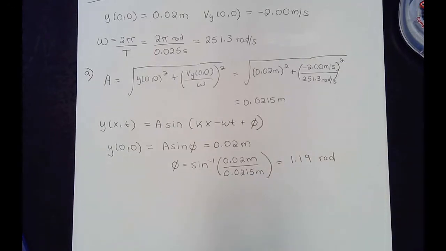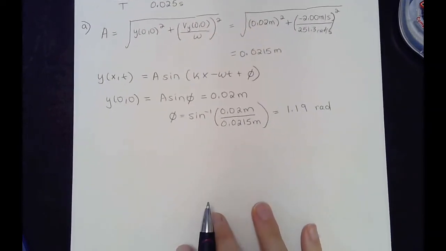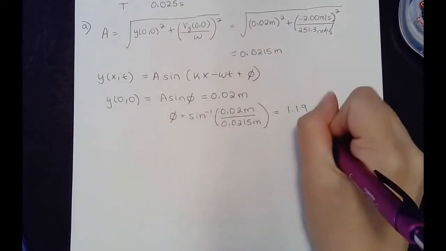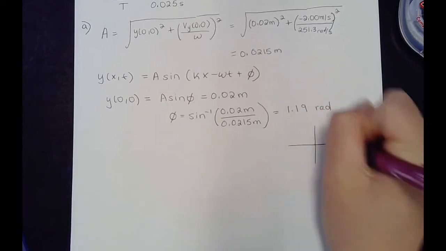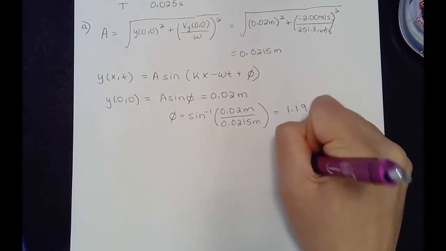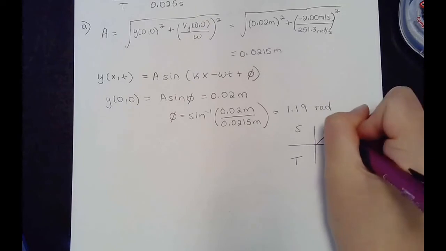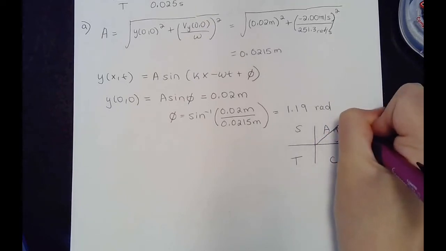Now this is the solution, but there are often cases where we're not sure, because remember there are two angles that correspond to each sine value. So we want to check both, and we're going to do that with the sign of the velocity. So we do need to do a check. Remember the CAST rule here. So this is about somewhere on this side, 1.19 radians.